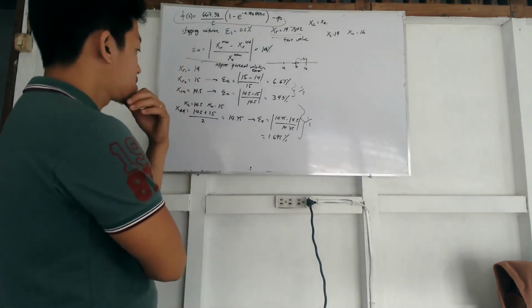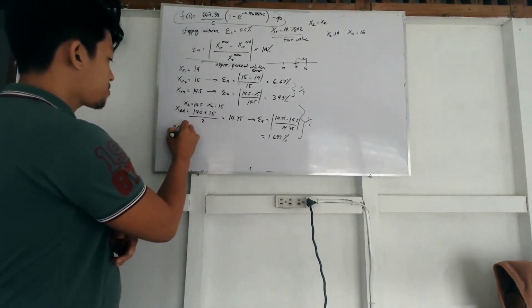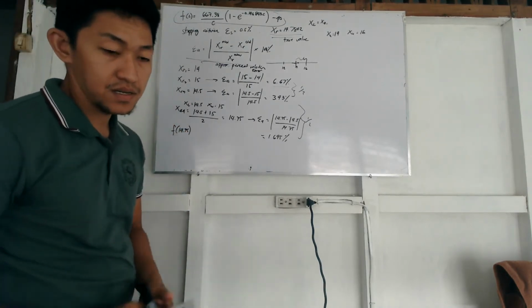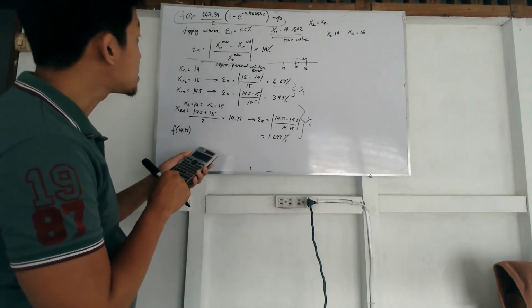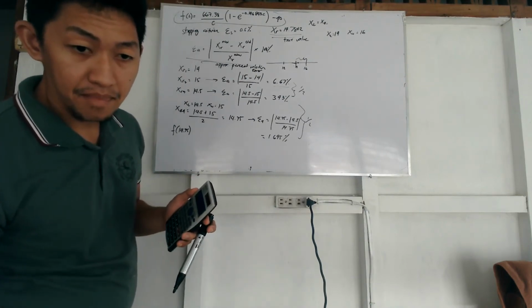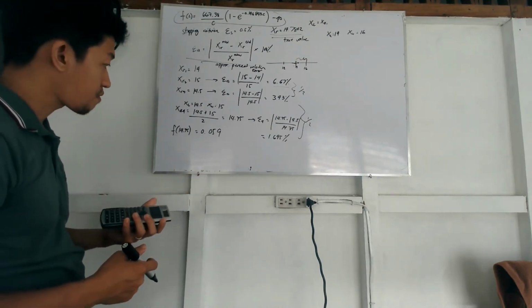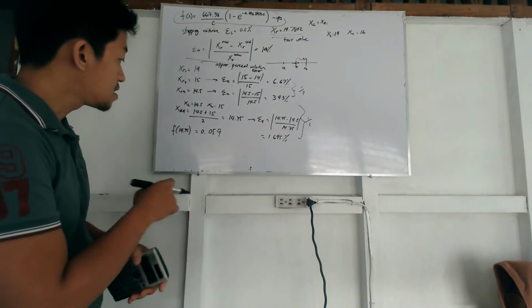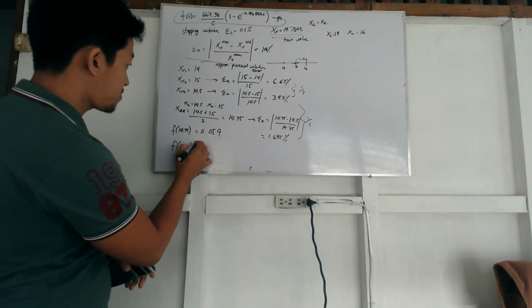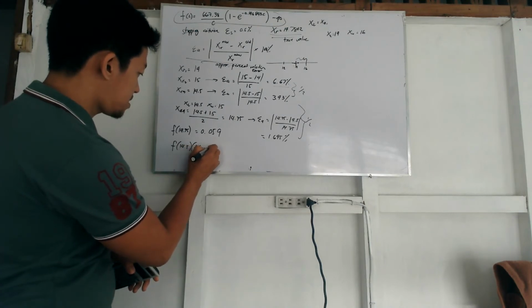So 14.75. So f of 14.75 is pila value? Calculate na pod. The value is 0.059. Okay? 0.059, and then multiply f of 14.5, f of 14.75.